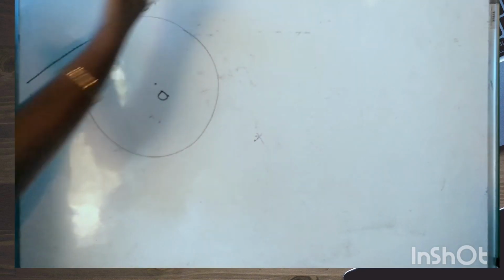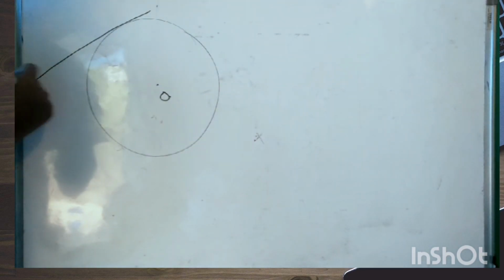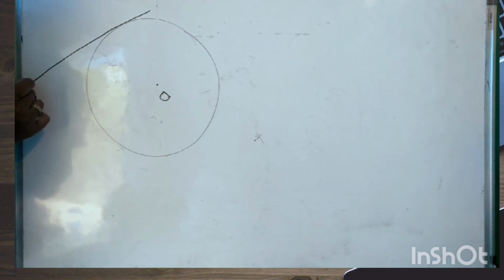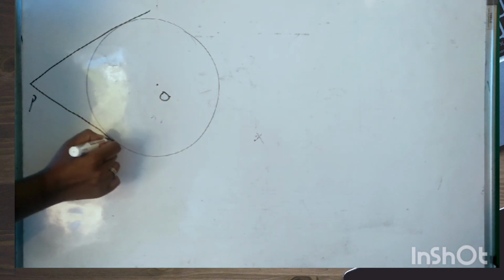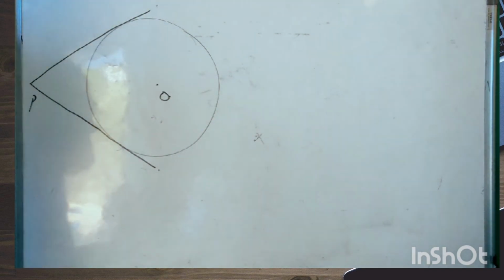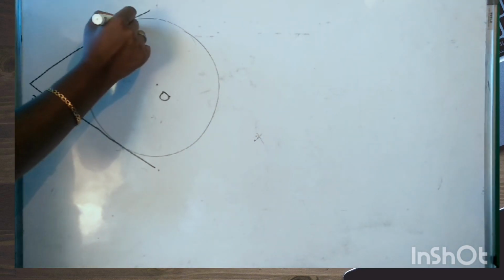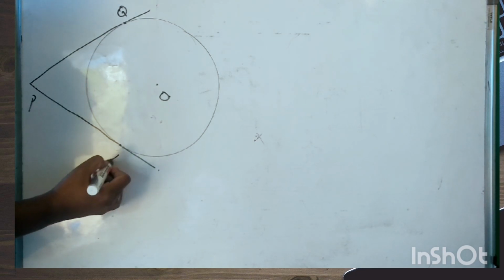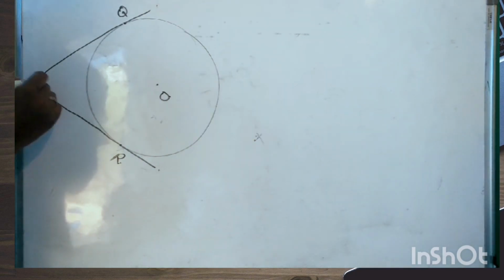One tangent like this, right? If you try to draw a tangent like this, then it becomes a secant. Then just the opposite direction. So we can draw two tangents from an external point to the circle.